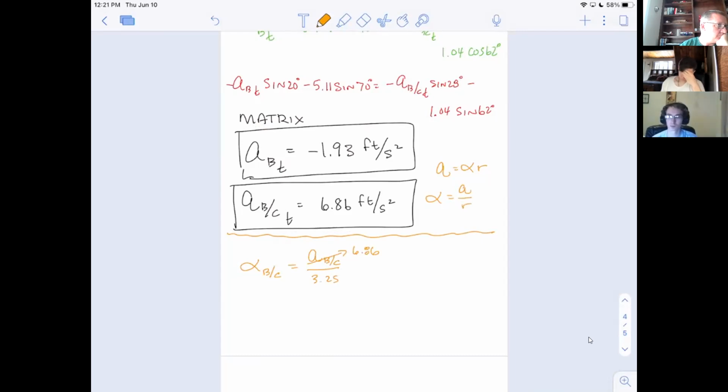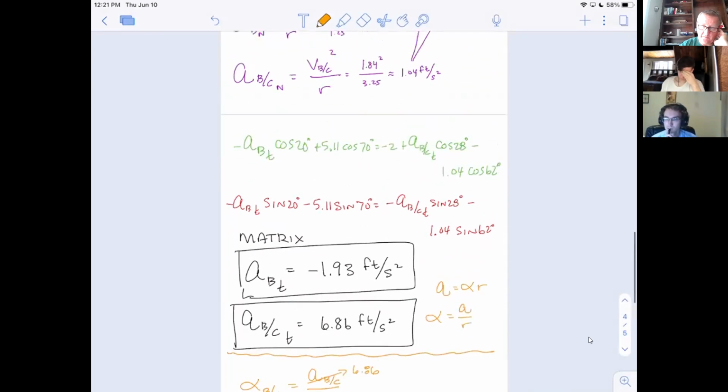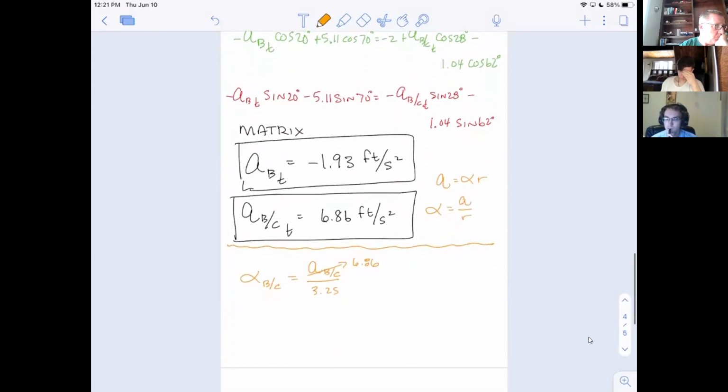BC, it is BC, isn't it? Yeah. So that's kind of cool to figure out. I don't have it written down, but 6.86 divided by 3.25 is about 2.11. And if we wrote the units in there, we'd end up with radians per second squared.